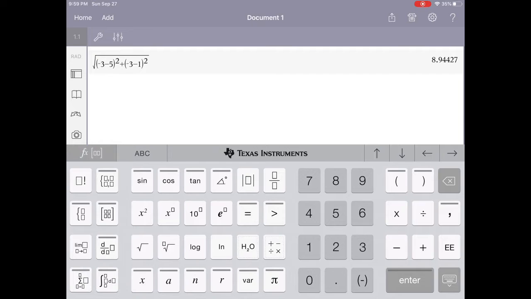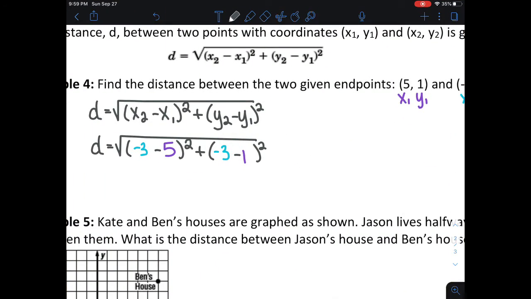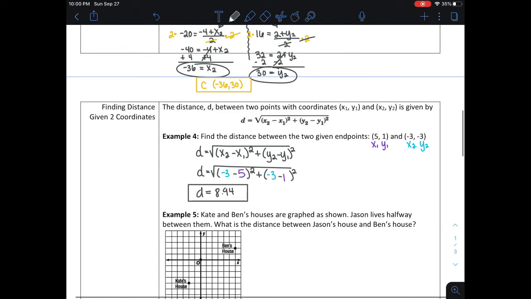And then you can see here we get 8.94. I'll just round it to the hundredth place. So that means the distance is 8.94. Sorry, that looks a little ugly. Here we go. And that's pretty much how you do that.